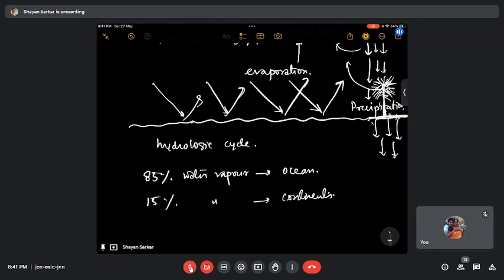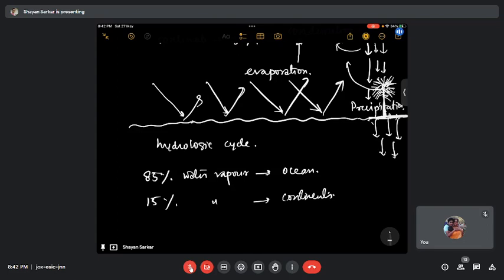So what is evapotranspiration? Evapotranspiration is that plants, with the help of their entire root system, are extracting water. They are taking water and water vapor from the soil, and they are storing it in the leaves, and from the leaves they are again removing it into the atmosphere. Okay, so that is called transpiration. Okay, and the combined effect of evaporation and transpiration is called evapotranspiration.